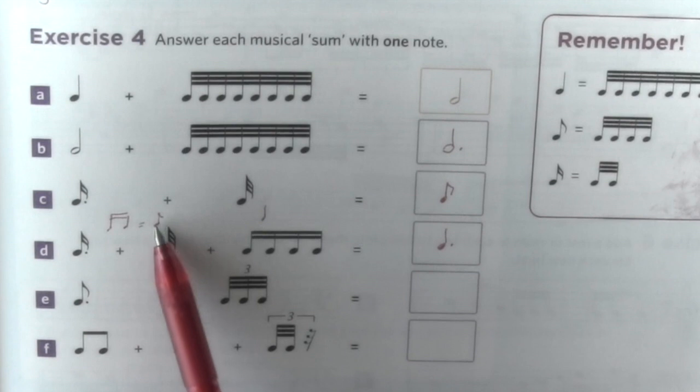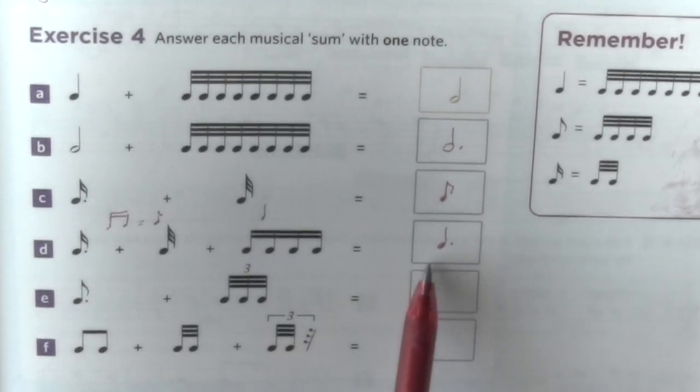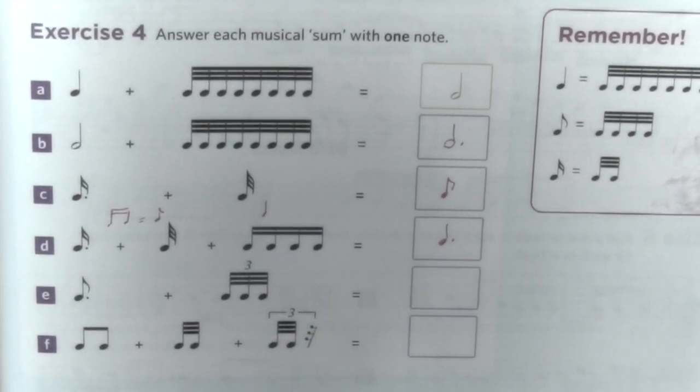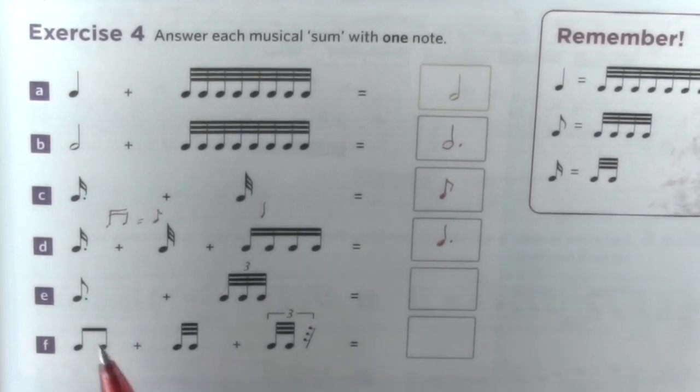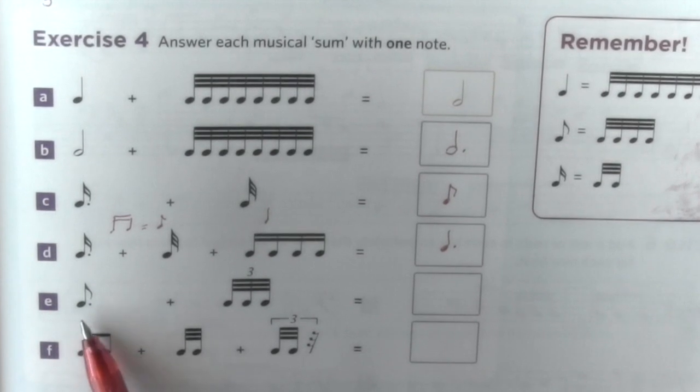Now 1 crotchet plus 1 quaver is a dotted crotchet because the quaver is its half. I hope this is clear. Let me know if not.